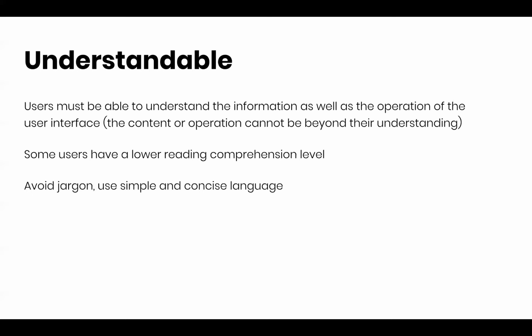It's not as much of an issue in library systems, but definitely some fields like financial or anything legal, they use a ton of jargon. If you've ever opened a new program for the first time and it has this giant thing that it wants you to read of terms and conditions, it's like 30 pages long, and you try and read it, but it's all in legalese. This would definitely not qualify for understandable. Those are very hard to read.